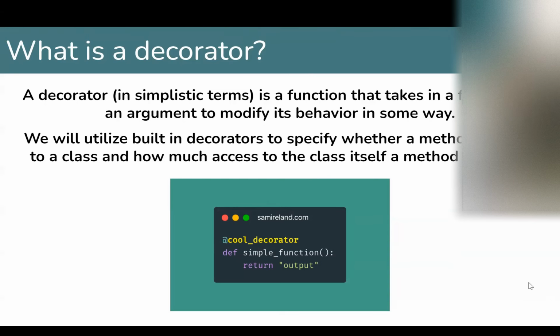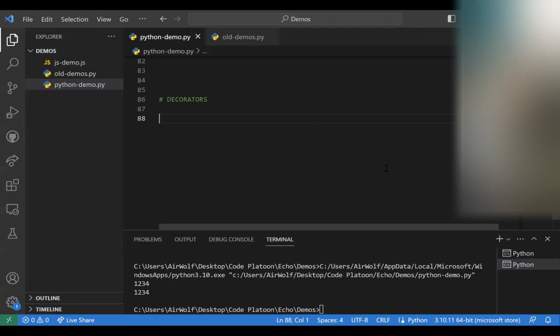So let's go back to here. What's an example that we could come up with? Let me refer back to my example demo that I did for decorators. Oh, perfect. Okay, there we go.